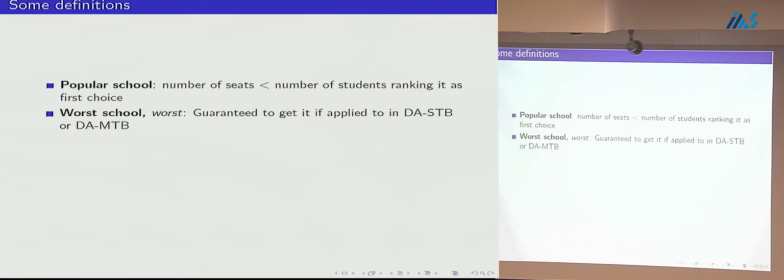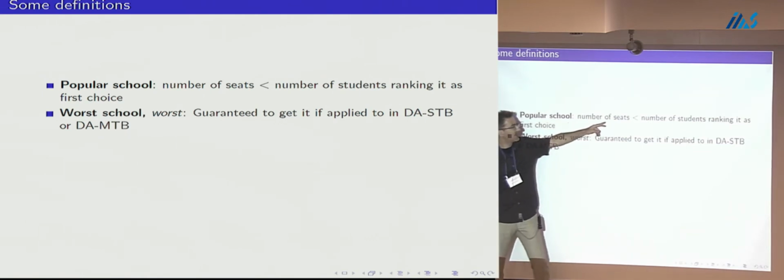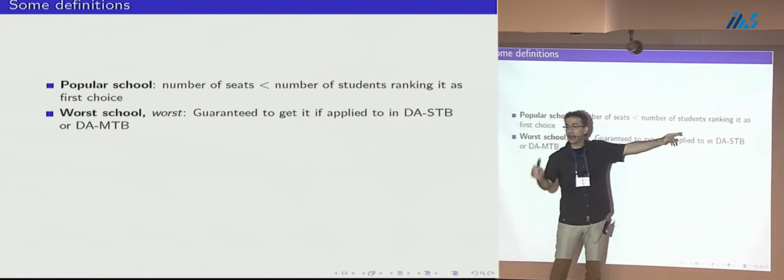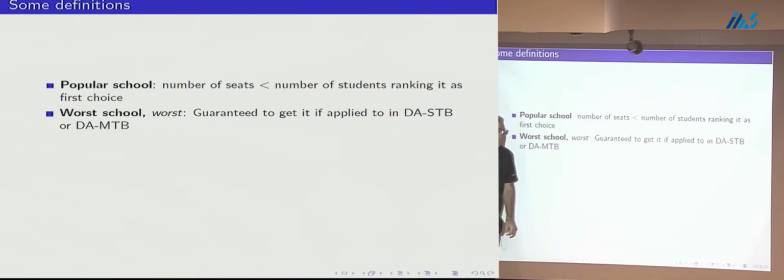I'm also going to give you a couple of definitions quickly. A school is popular if the number of seats at that school is smaller than the number of students ranking that school as their first choice. And a school is worst if getting into that school is guaranteed. If I rank that school in my choice list, and if I don't get a better school, I'm going to get that school for sure under deferred acceptance.